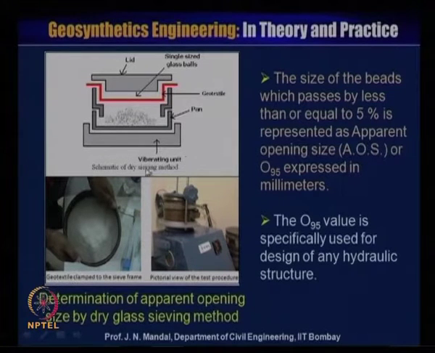This is the vibration unit, and this is the pan, and this red color is the geotextile material, and the glass bead is passing, and on the top of this is the lid. The size of the beads which passes by less than or equal to 5% is represented as apparent opening size of the geotextile, or O95.